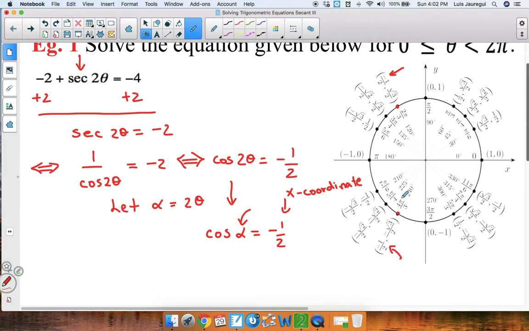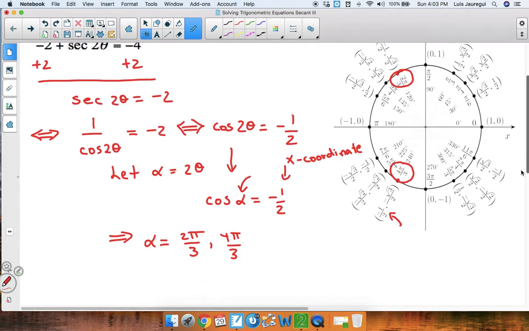So what are the relevant angles? 4 pi over 3 and 2 pi over 3. So this implies that alpha can be either 2 pi over 3 or 4 pi over 3.